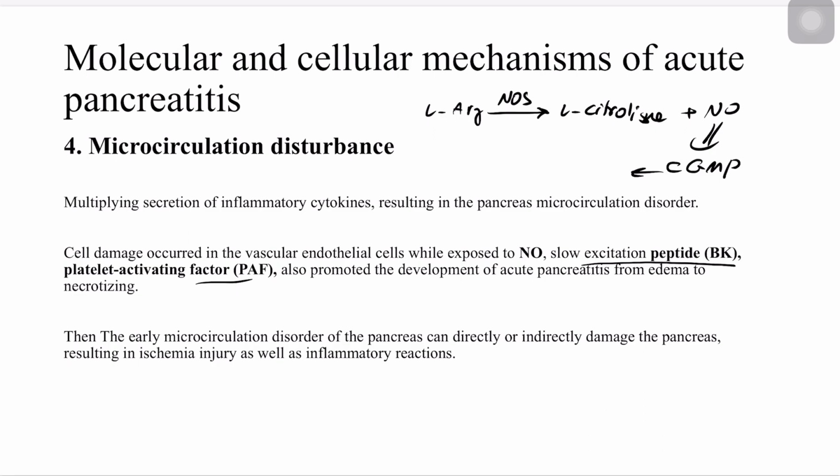The early microcirculation disorder of the pancreas can directly or indirectly damage the pancreas, resulting in ischemia injury as well as inflammatory reaction.